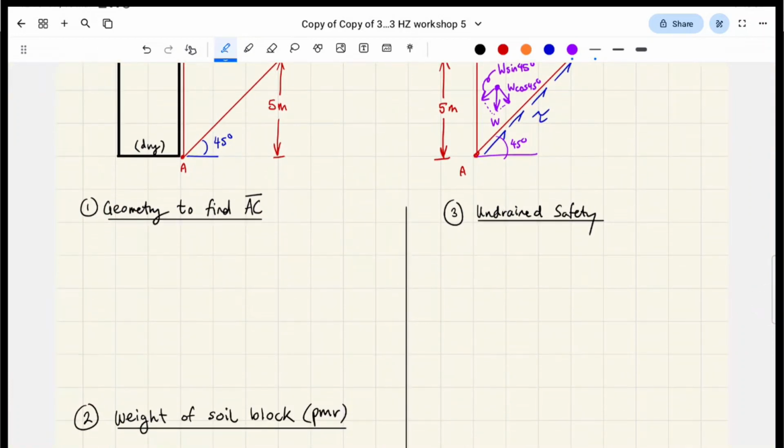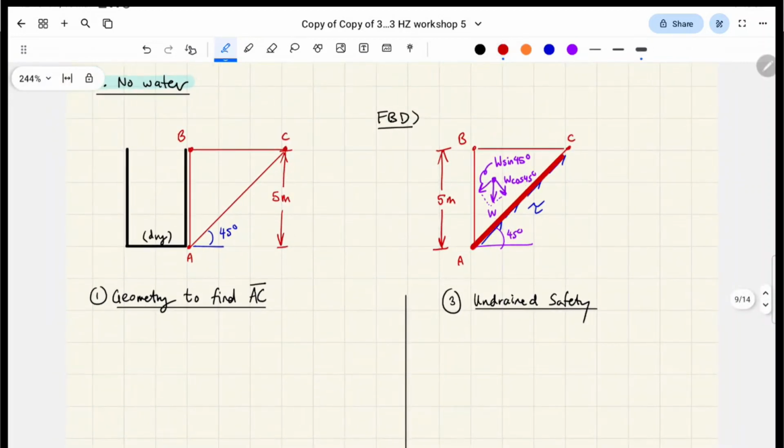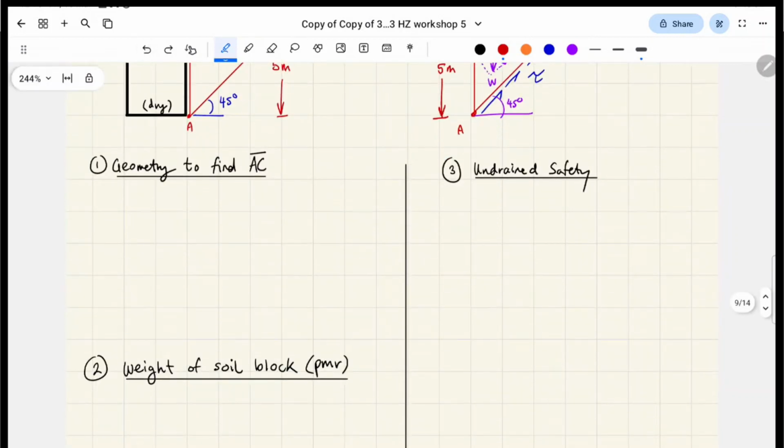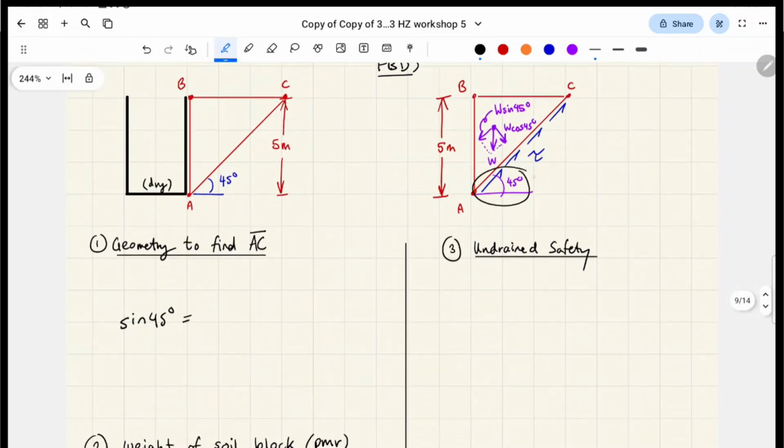Here's the first step. The first step is to use geometry to find side AC, that's this hypotenuse, right? You can do this in two different ways. One might be using Pythagoras, because you know that this is 5 meters, the square root thingy. I've decided to do it using angular geometry. So sine 45 degrees, here's our 45 degrees.